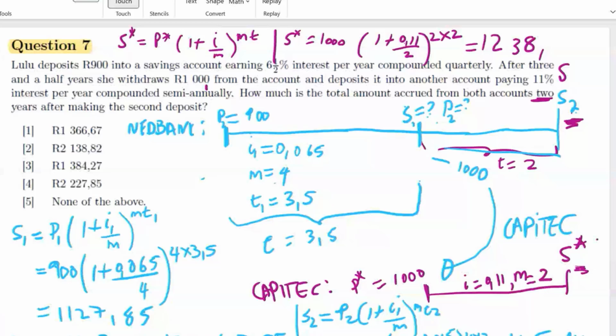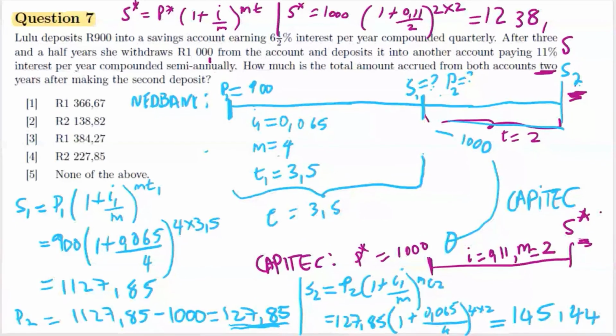Are you saying the total amount is 1127.85 plus 145.44 plus 1238?